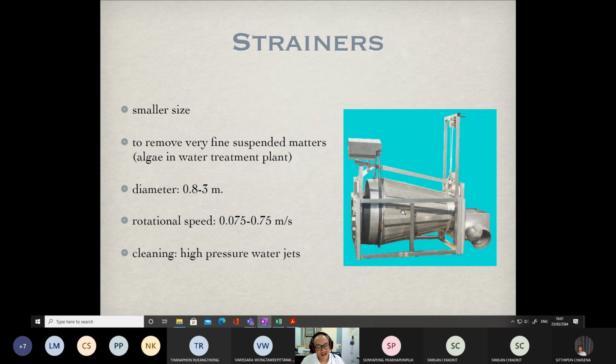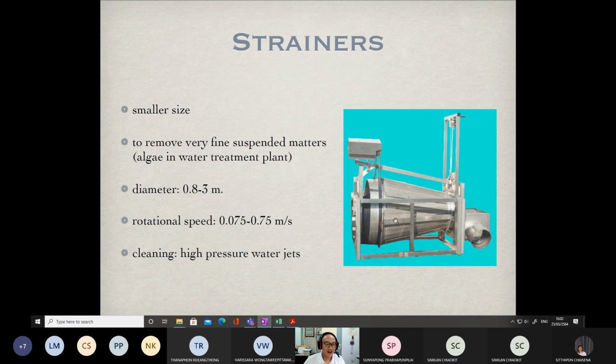It's not actually a drum, but it looks like a conical shaped cylinder. Water just gets inside and then passes through the small spaces around this drum, and the trash gets entrapped inside. So this is a kind of moving screen.